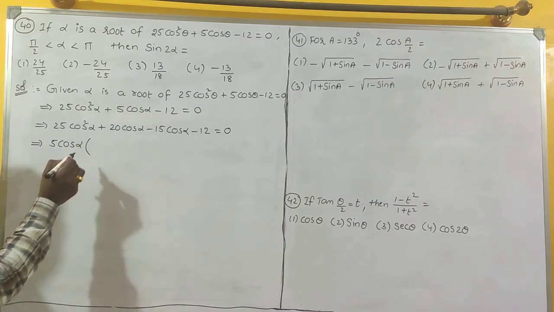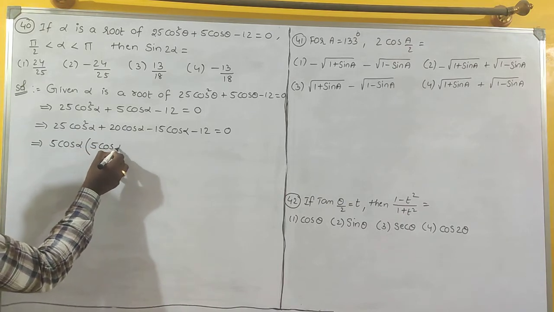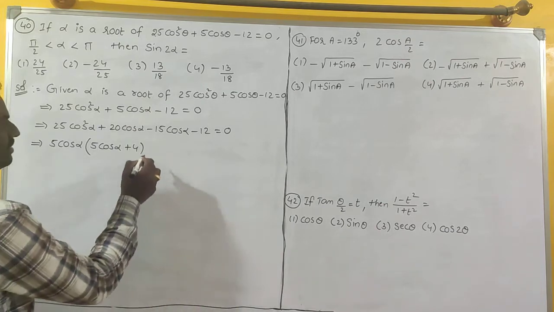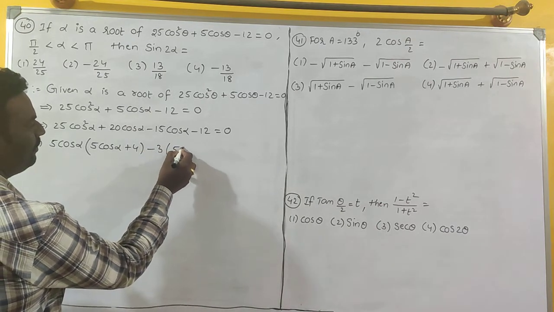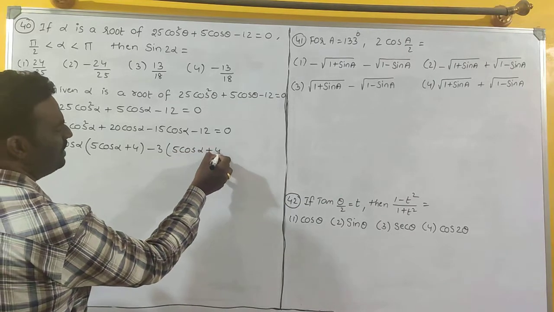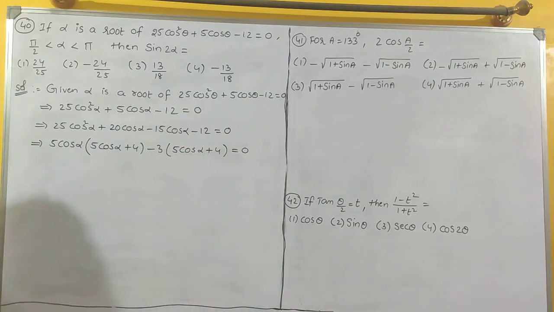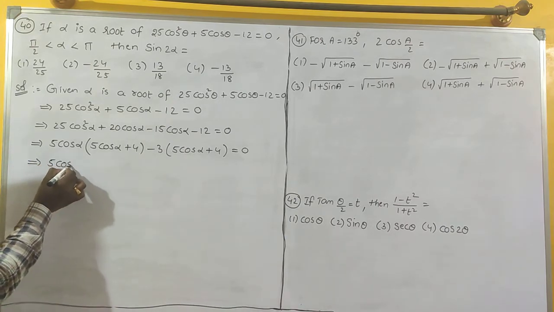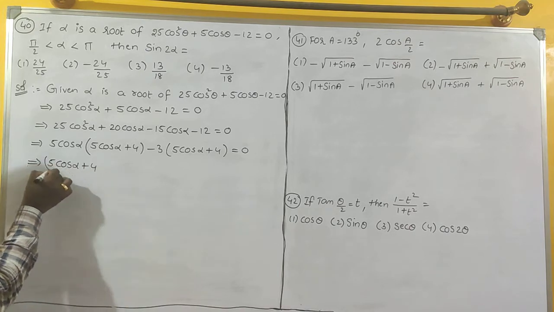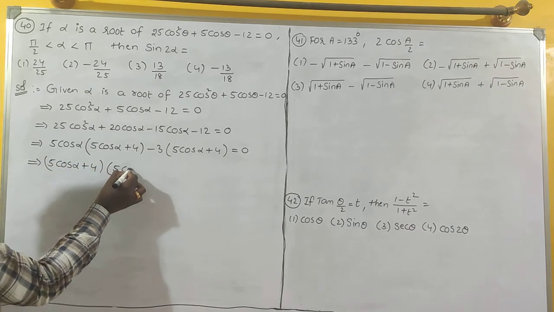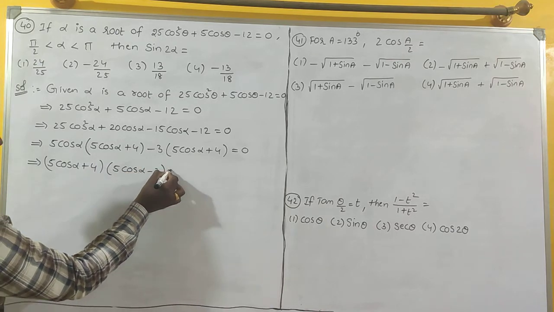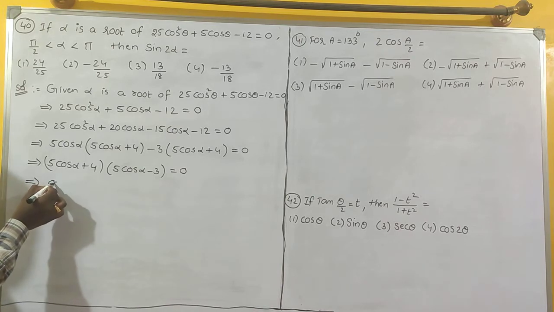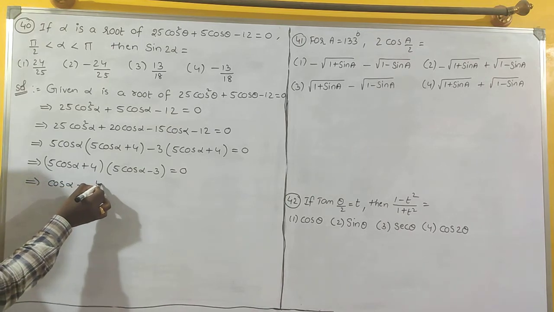Then what is remaining? 5 cos alpha plus 4. In the next two, I can take minus 3 common. 5 cos alpha plus 4 is equal to 0. Again, which is common? 5 cos alpha plus 4 is common. Then 5 cos alpha plus 4 into 5 cos alpha minus 3 is equal to 0. From this we got, if you take the first one, cos alpha is equal to minus 4 by 5.